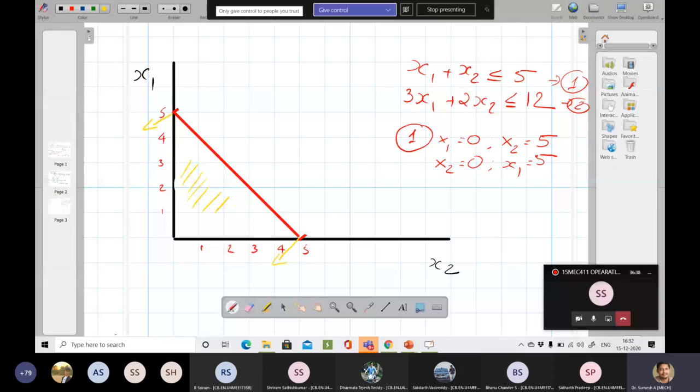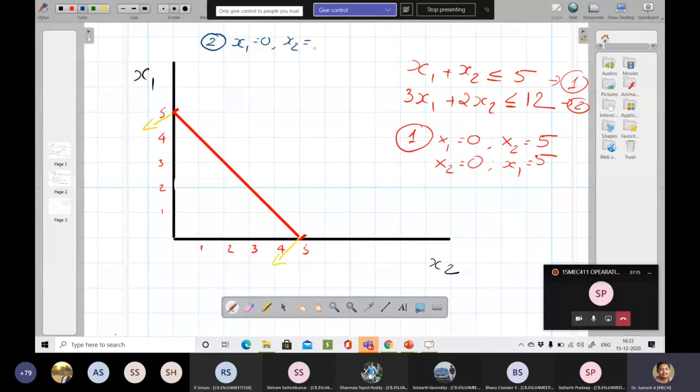Now similarly solve for equation 2. If you substitute x1 as 0, x2 will be 6.